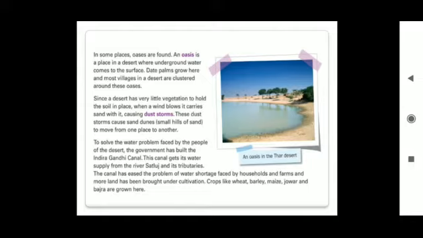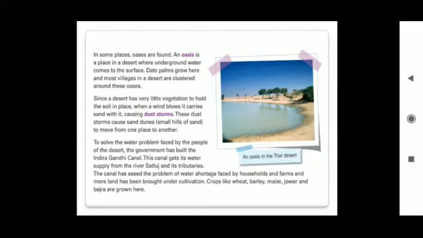Now, date palms are grown here, and most villages in the desert are clustered around this oasis. Why are these villages clustered near oases? Because people find shelter and water to grow crops, so they live there to do the work of farming.